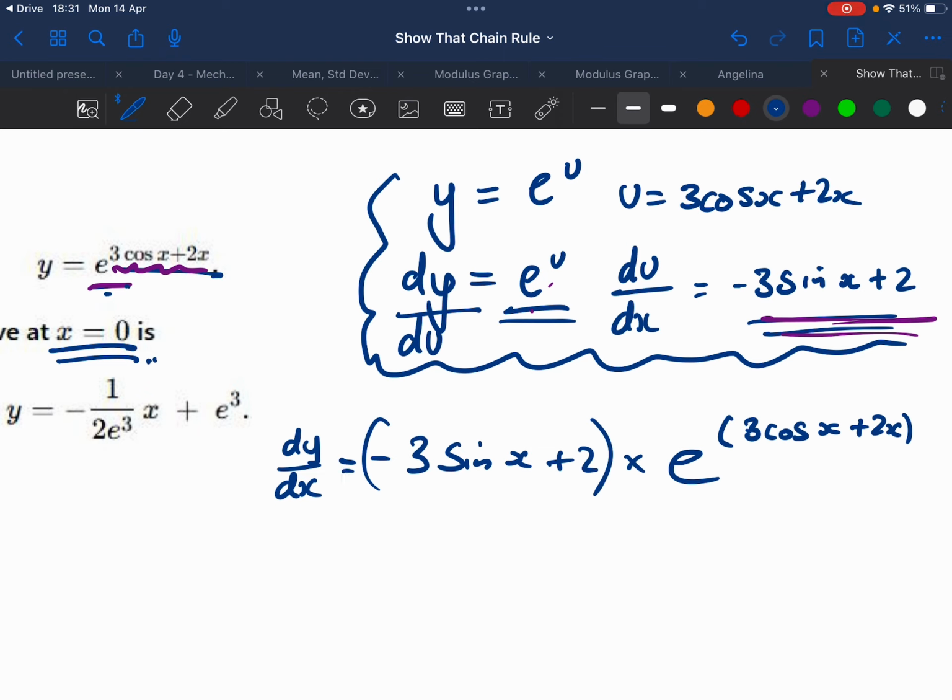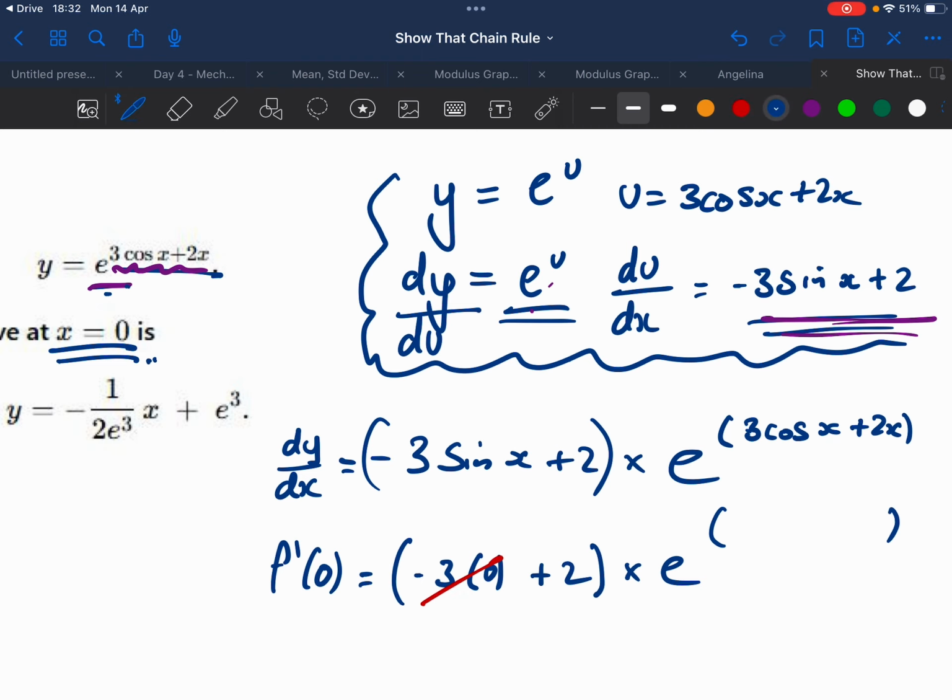And now we're going to sub in x equals 0. So I'm just going to change my notation. I think it's slightly more convenient. So that's going to give me what? Well, let's just write our brackets here. That's going to be a -3 times, effectively, sine 0, which is 0. So I'm not going to get anything from that. Plus 2.